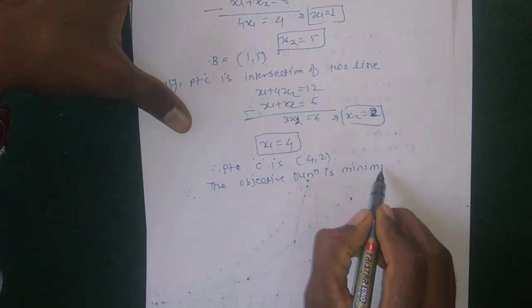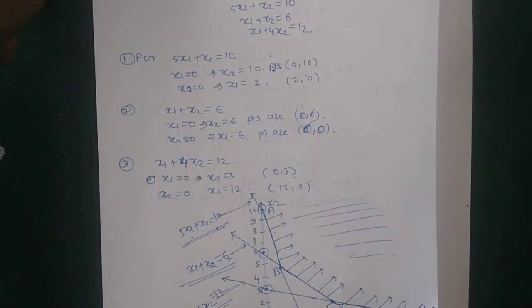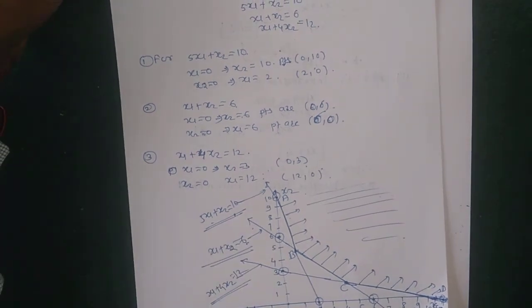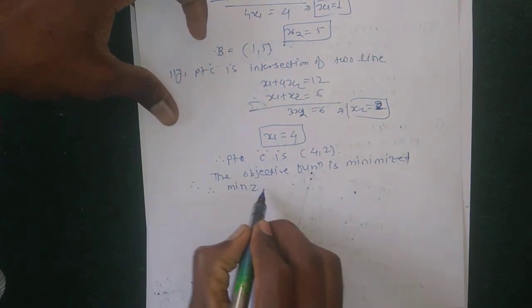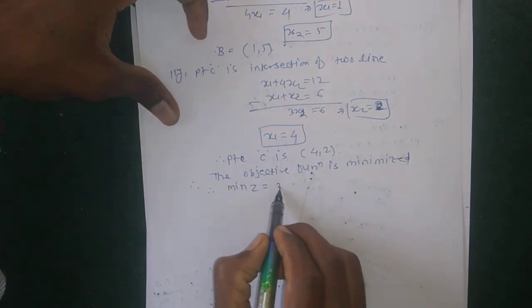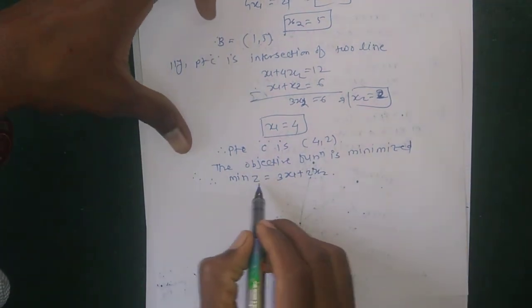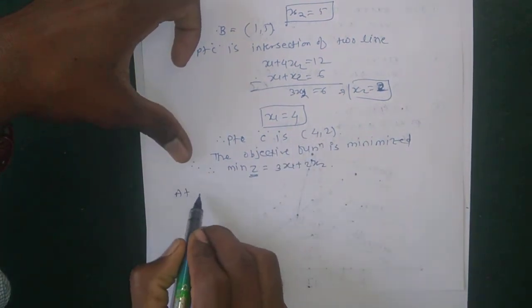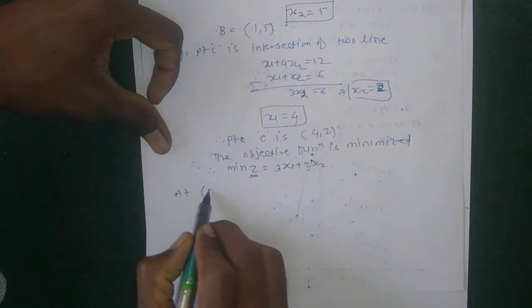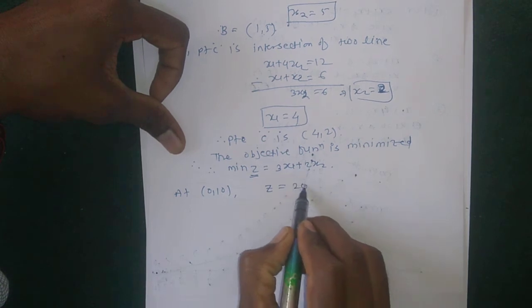Now, to find the value of Z, the objective function is minimize Z equal to 3x1 plus 2x2. Find the value at each point. At point (0, 10), the value of Z is 20.